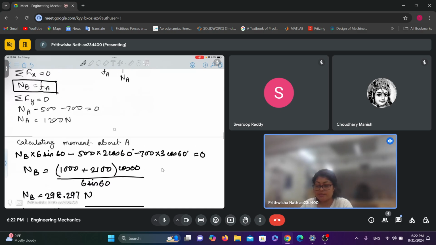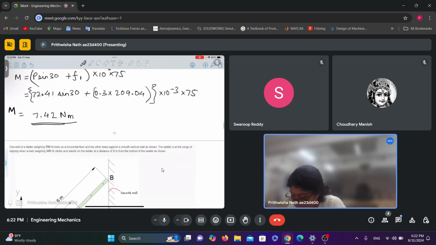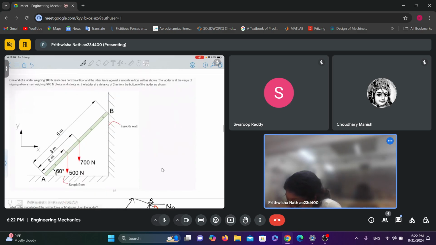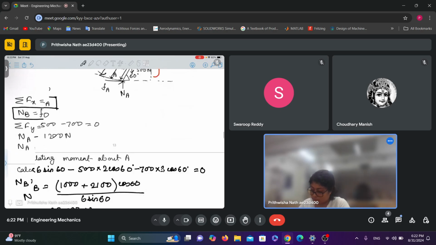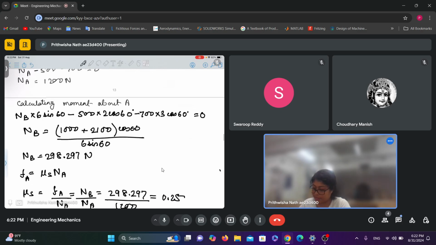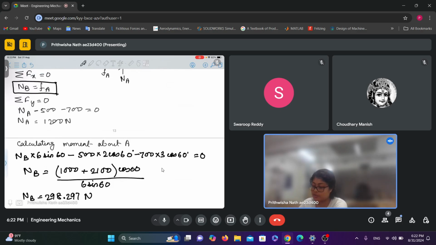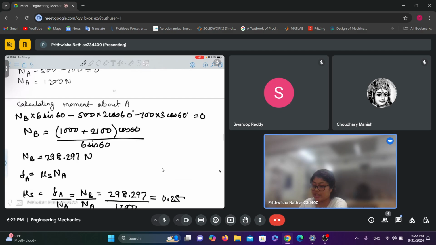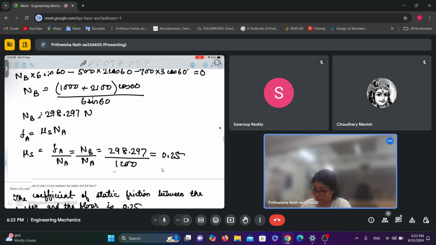Also Fa is mu s times Na, since it is already mentioned in the problem that the ladder is at the verge of sliding. Is at the verge of slipping. So we can write Fa equals mu s times Na, and also from this equation NB equals Fa. So in place of Fa we can write NB. So we get mu s to be 0.25.